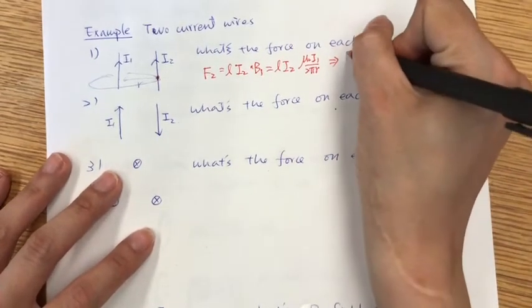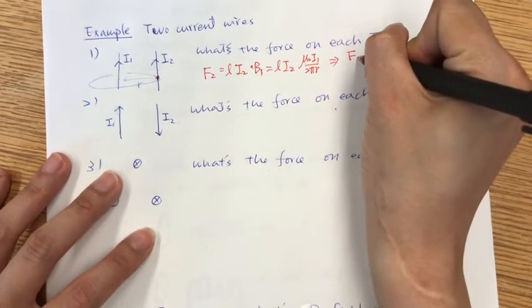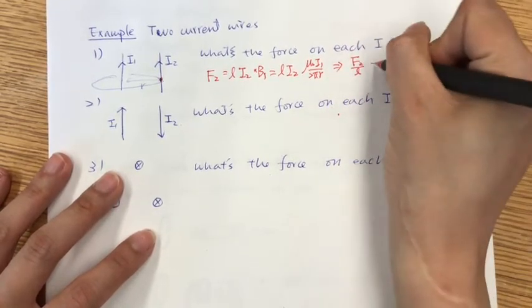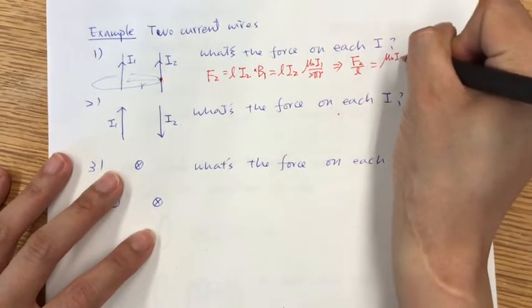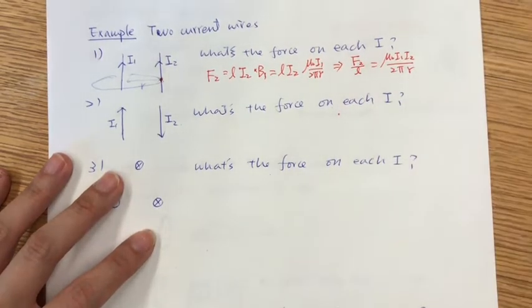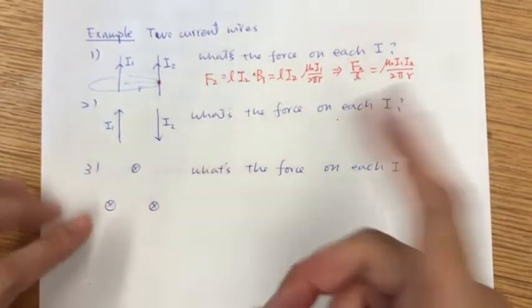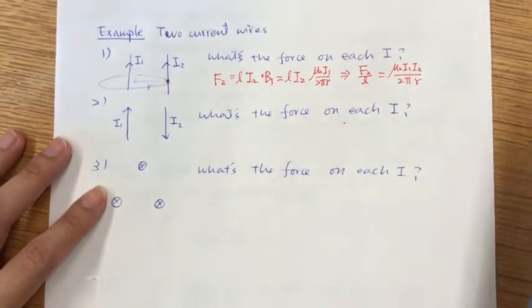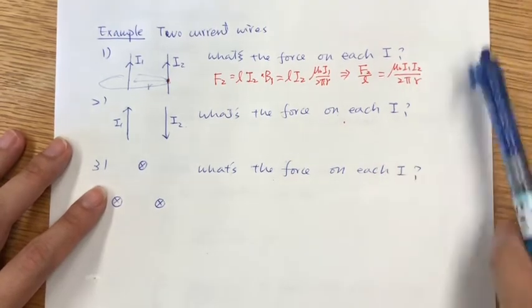So from here we can calculate its force, the force per unit length. It's mu naught I1 I2 over 2 pi r. And the direction is gonna be, let's do this, the direction is gonna be to the left.